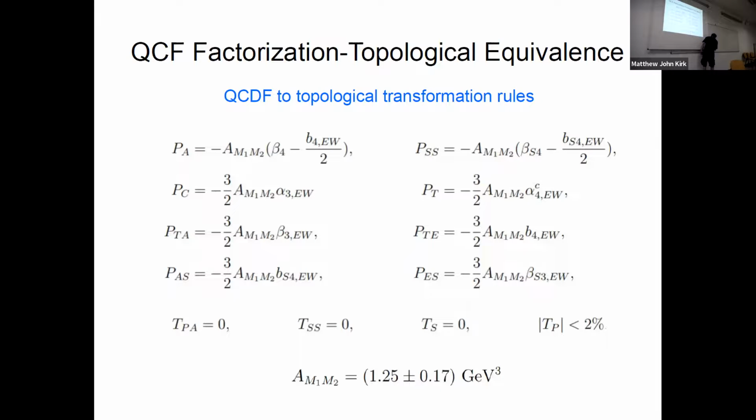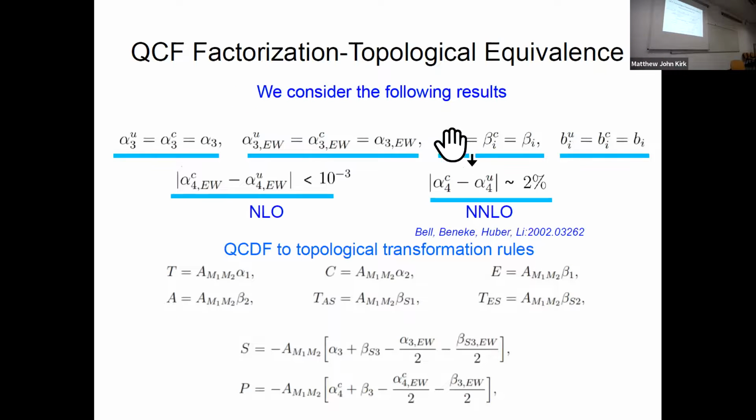Maybe my question was, do you impose that these P's are zero? No, that comes automatically from the fact that you take, for example, the betas, the U and C the same. That's an assumption in the papers of Martin and friends.